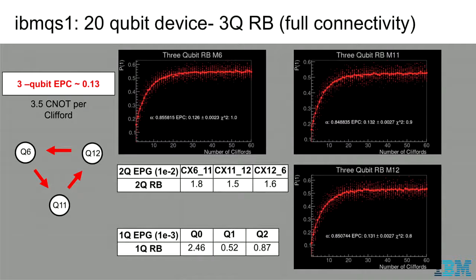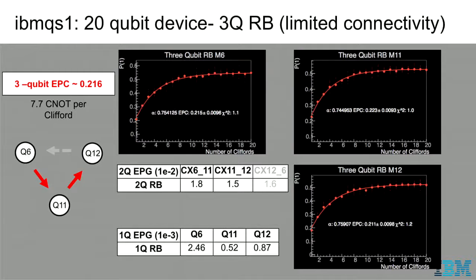By looking at the 2-qubit and single-qubit RB, you probably could see a fairly appropriate number for the 3-qubit error per Clifford. Again, with the same pairs but different connectivity, you see that the error per Clifford goes up.